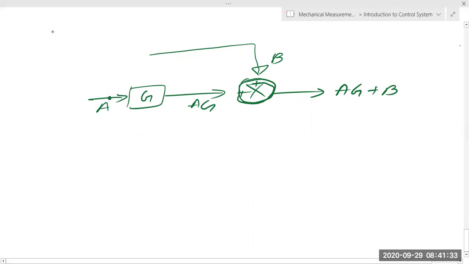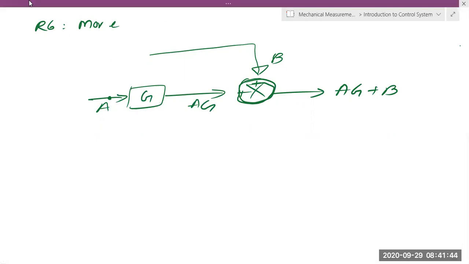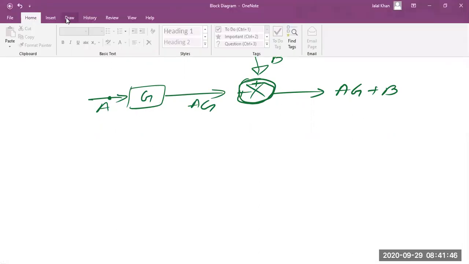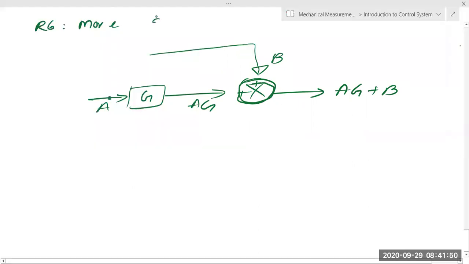So rule 6 is: move summing point before the block.